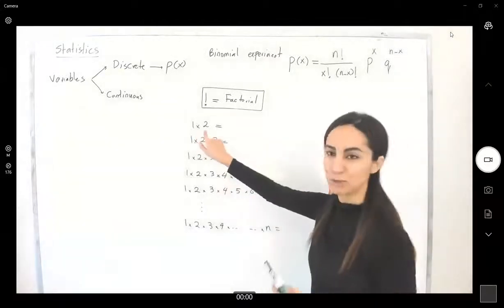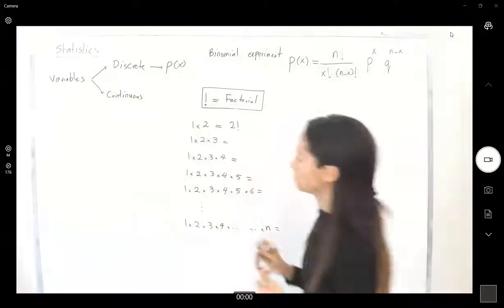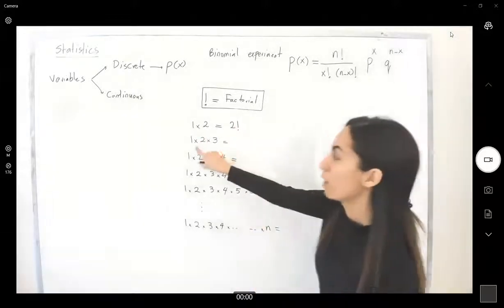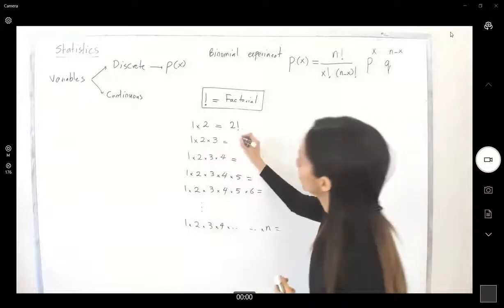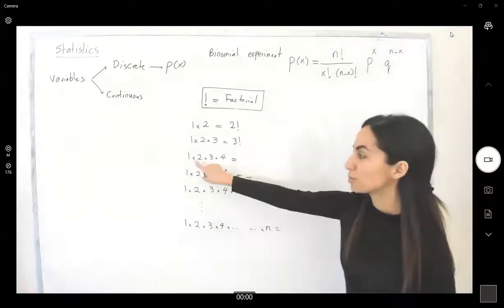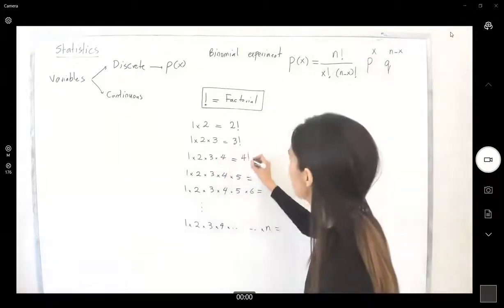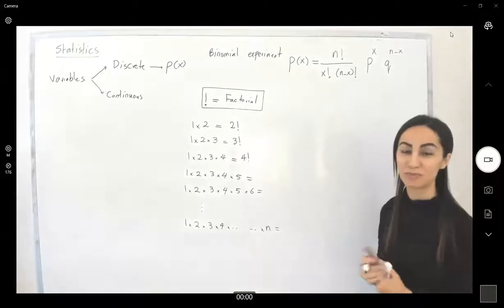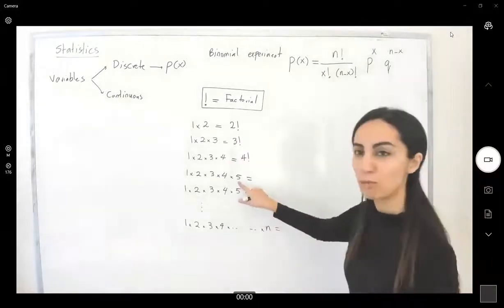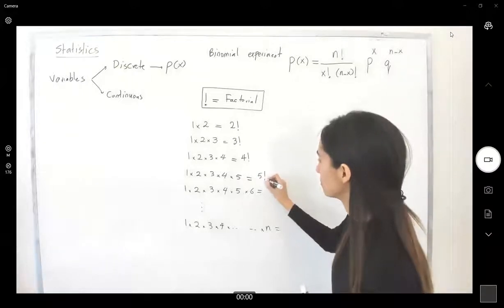1 times 2 is 2 factorial. 1 times 2 times 3 is denoted by 3 factorial. 1 times 2 times 3 times 4 is denoted by 4 factorial. As you guessed, this multiplication is represented by 5 factorial.